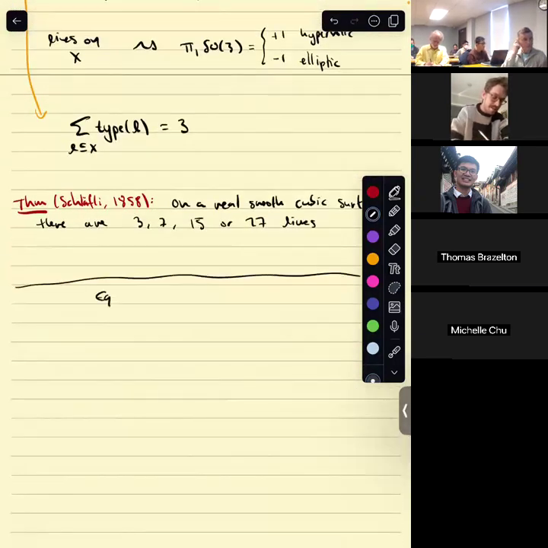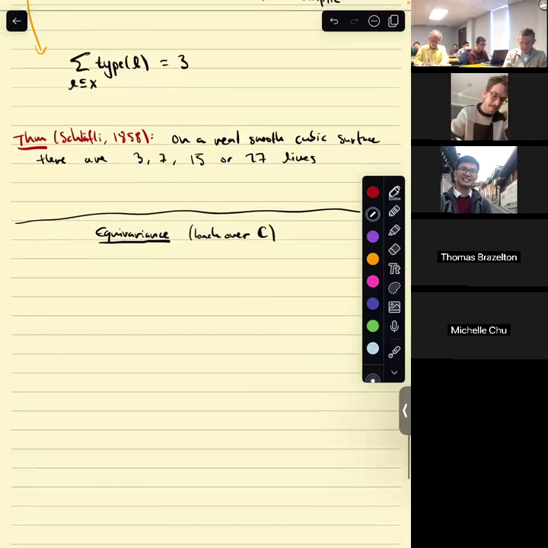Okay, so let's talk about equivariance. And I want to be back over the complex numbers now, back in the classical setting.